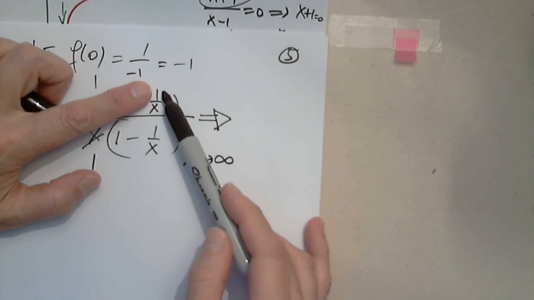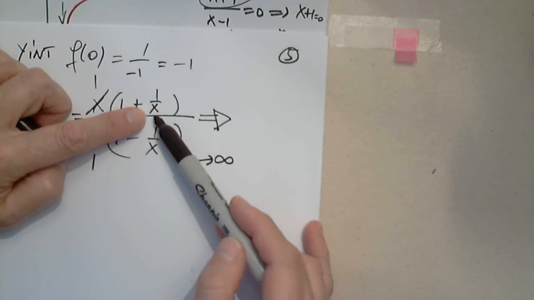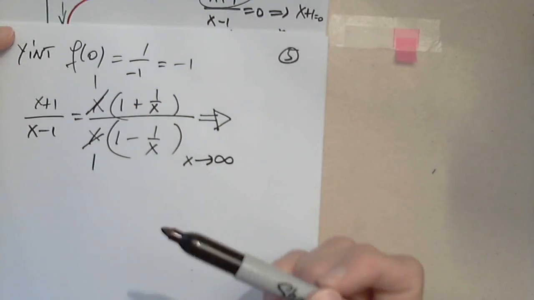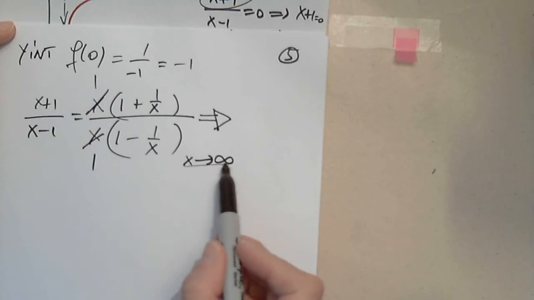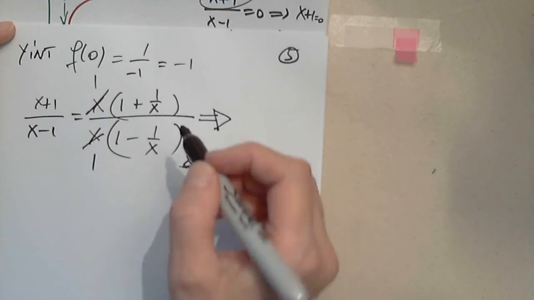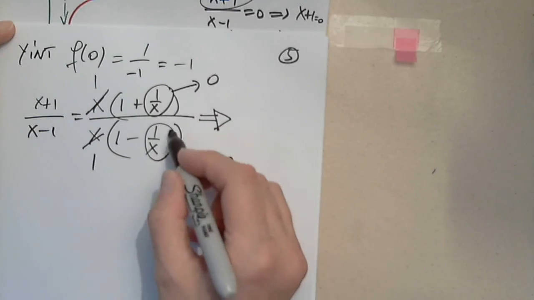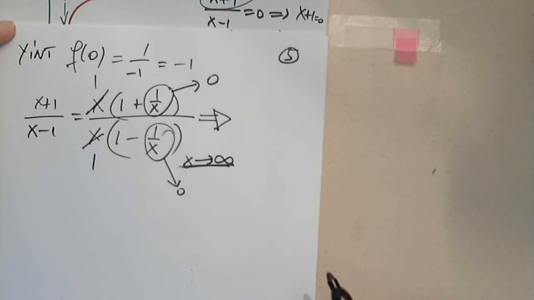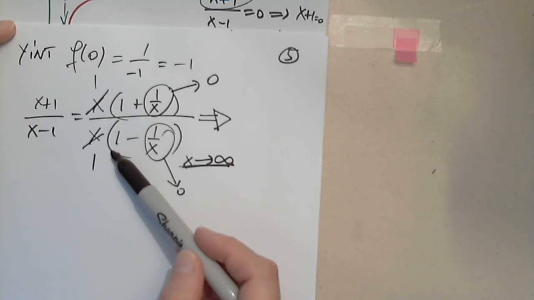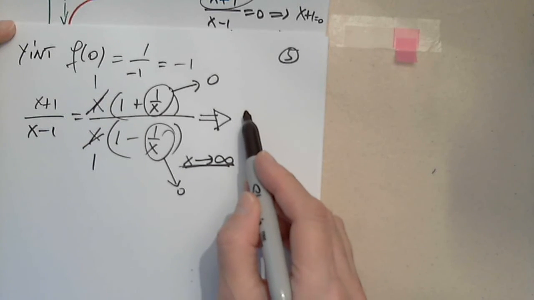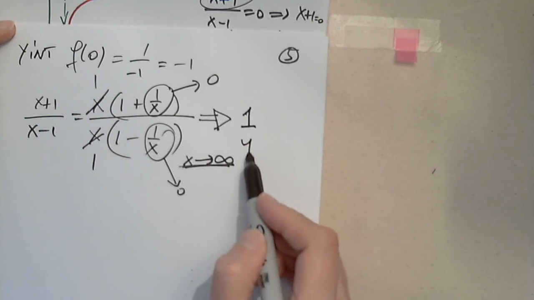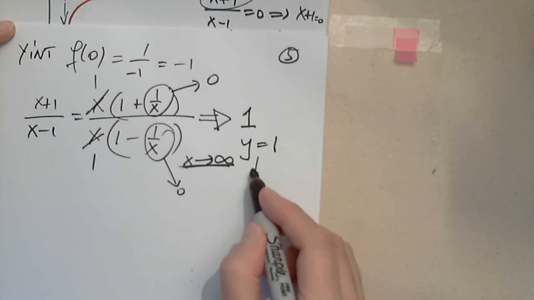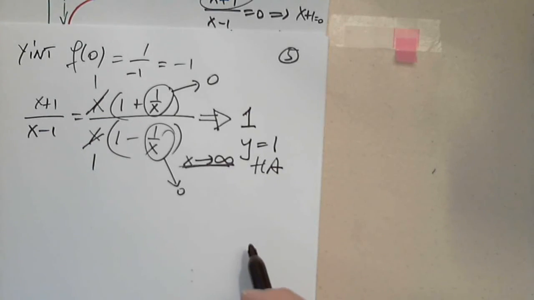If I divide by 1,000,000, I will definitely get nothing. So the point I'm making is, when x approaches infinity, this piece is so small that it doesn't matter. So the whole thing approaches 1 over 1. So this is the horizontal asymptote and the end behavior as well.